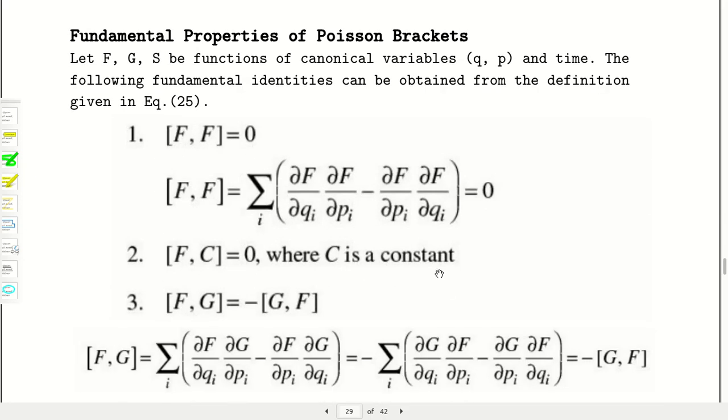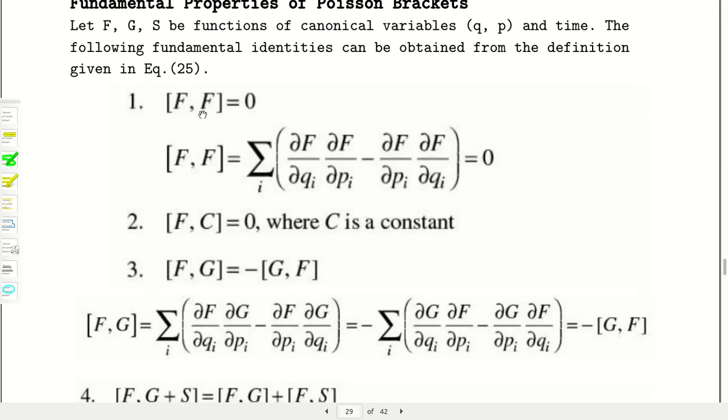Now let us consider the Poisson bracket of any functions. Let us take three functions, f, g, s. f, g, s are all functions of q, p and t. They have some very interesting properties. That is, f comma f, a similar kind of function under a Poisson bracket, will give you 0. This can be proved very easily.